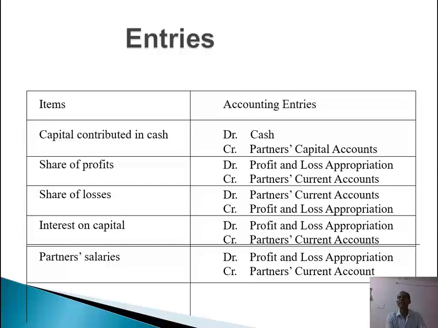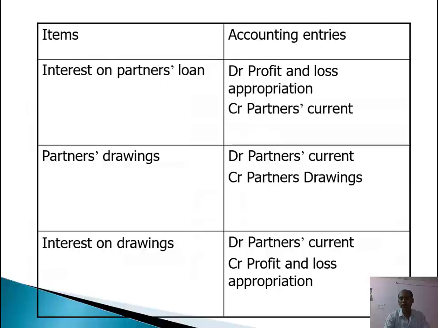If it is a fixed capital account, we simply mention the partners' capital accounts. But if it is a fluctuating capital method, we mention the partners' current accounts. So it is better to understand: if it is fluctuating, current accounts should be mentioned. If it is fixed, capital accounts should be mentioned.